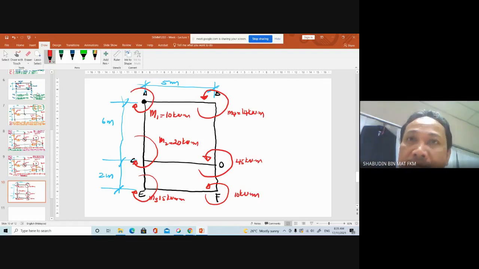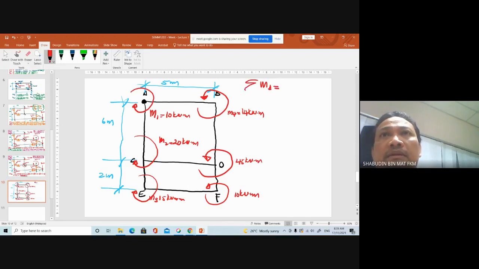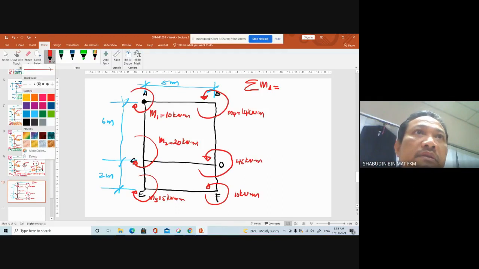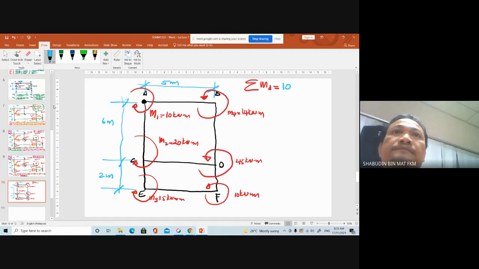What is the moment at point A? Total moment at point A is the sum of all the moments at point A in the system. It is 10 plus 20 plus 15, minus 14, minus 45, and minus 10.